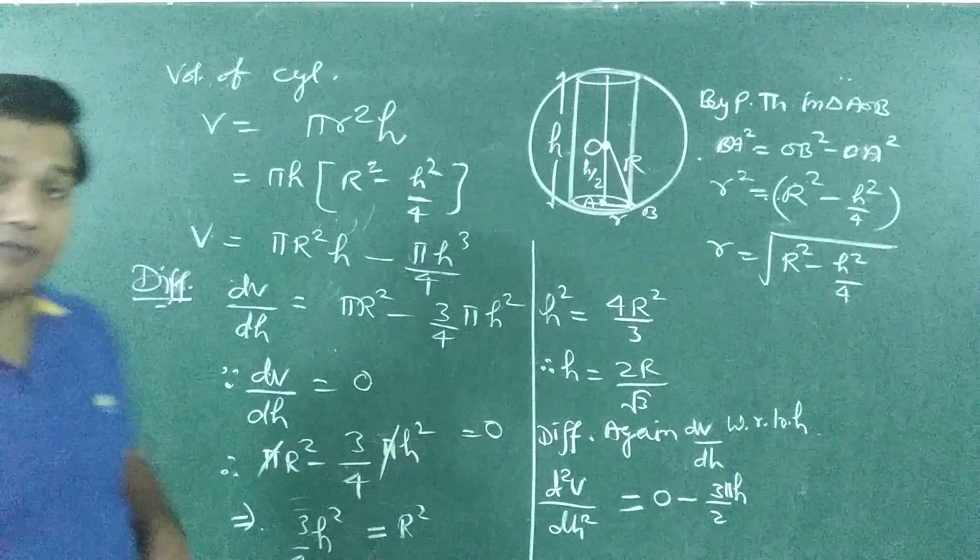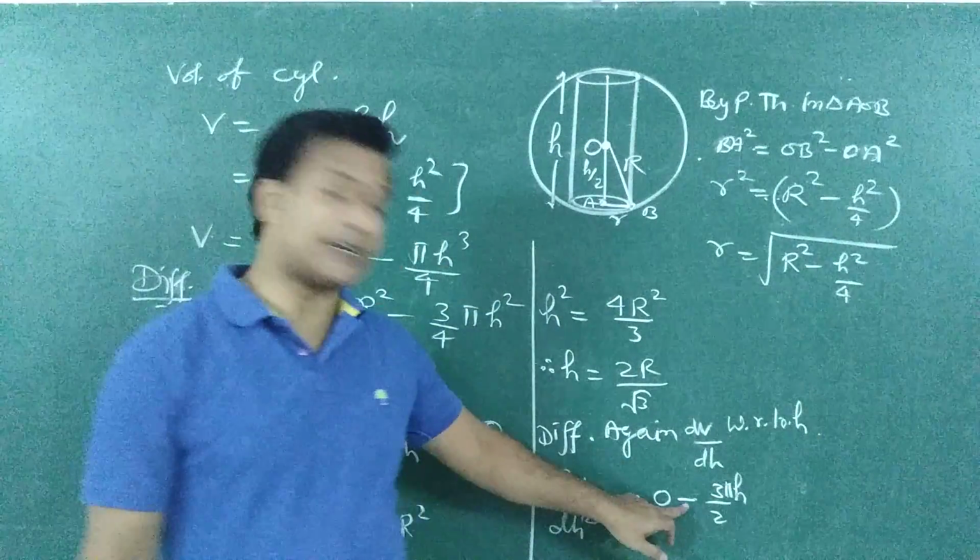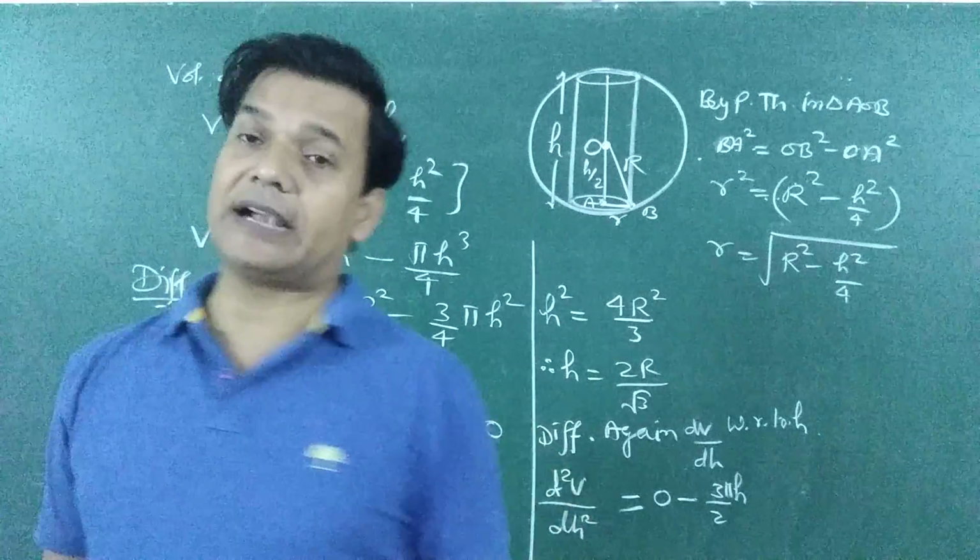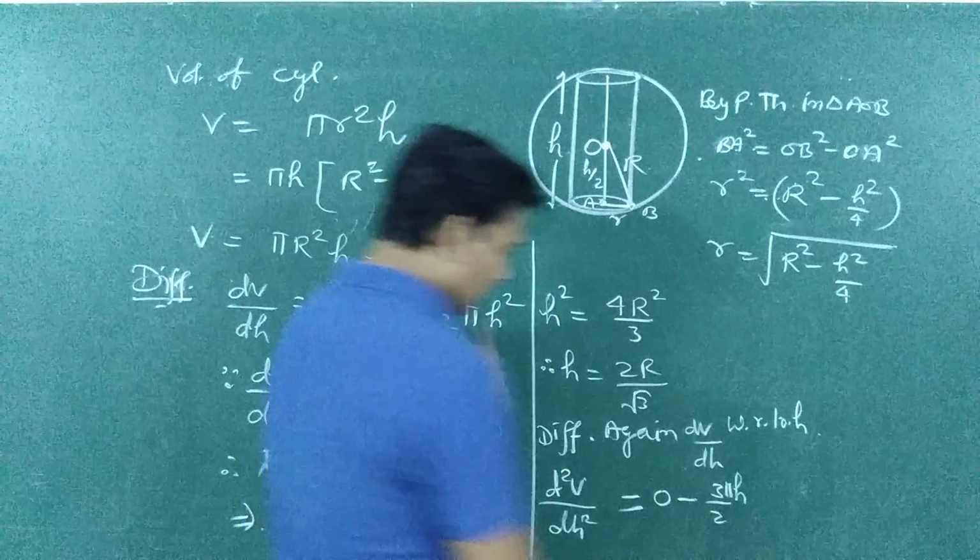And if we put the value of h here, this negative sign shows that d2V by dh2 is negative.